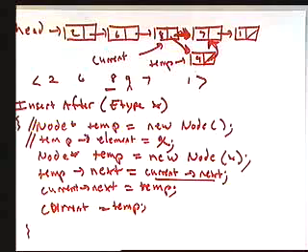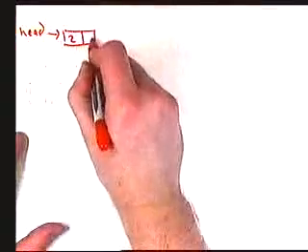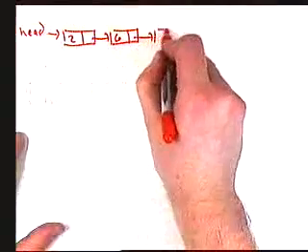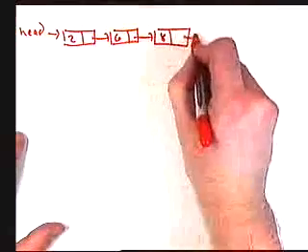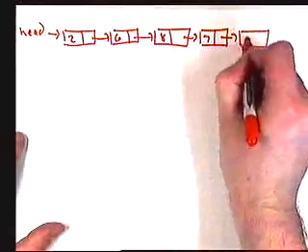Now it's a little more interesting if we try and tackle the insert before procedure. Because at first glance, if we draw this list again, 2, 6, 8, 7, and 1.